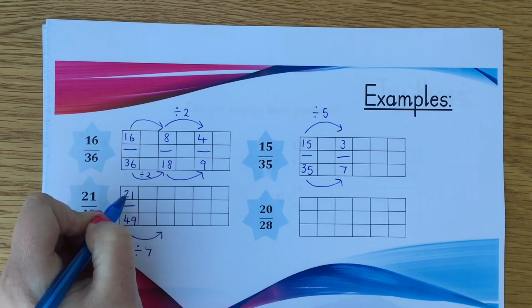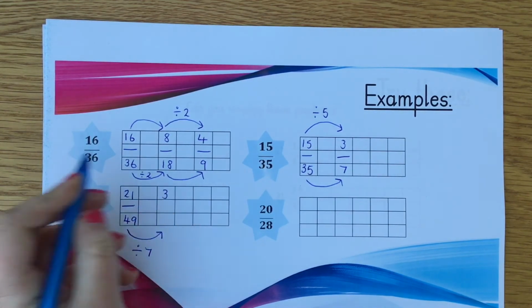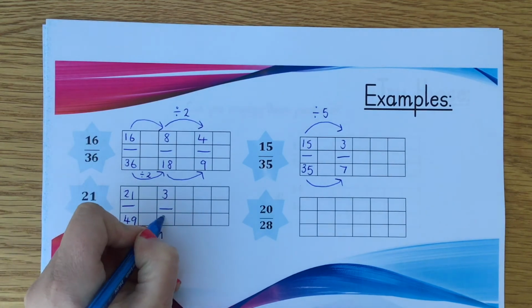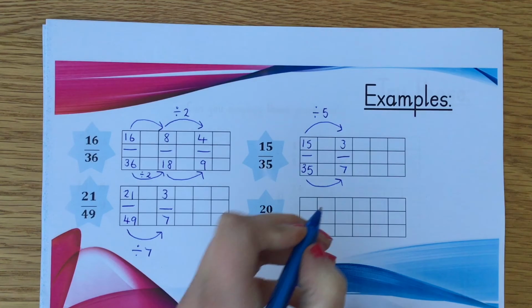Okay, so there are 3 7s in 21, and there are 7 7s in 49. And 3/7 is the simplest form for this fraction, because there isn't a number that goes into both of those.